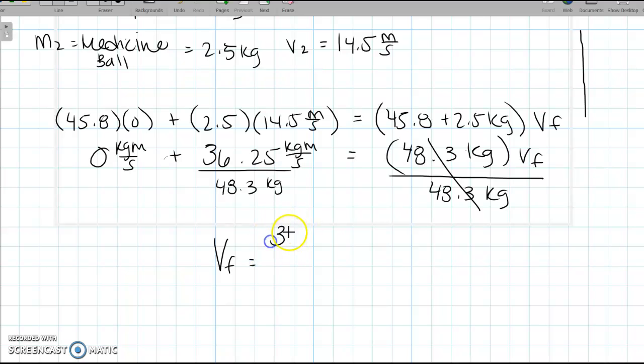So VF is 36.25 divided by 48.3, and we get 0.75 meters per second. So that is the answer. That is what Millie and the ball's final velocity is.